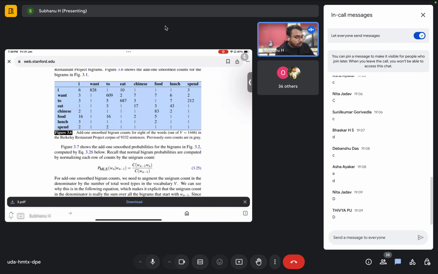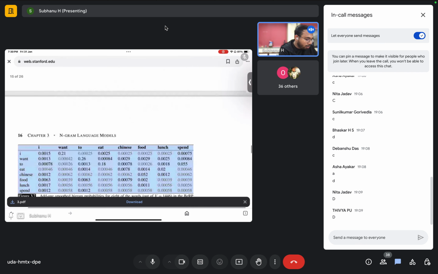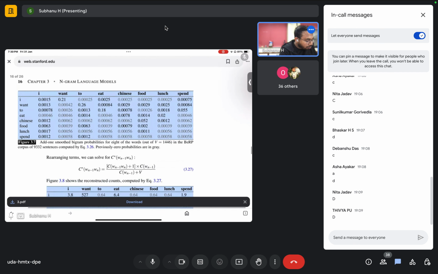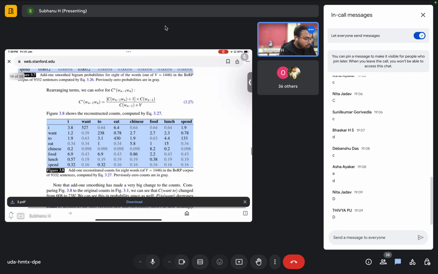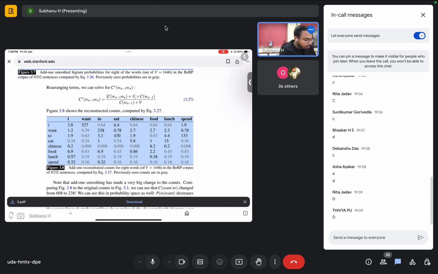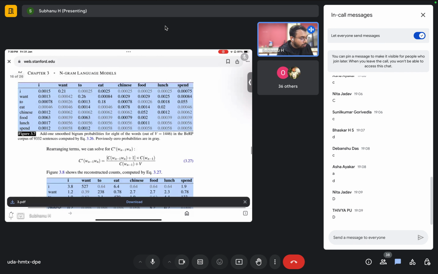We are following the book by Jurafsky and Martin, which is the Bible of NLP, so you can follow this book. If you calculate the probability, it will look like this. Our question was why we are adding this V.